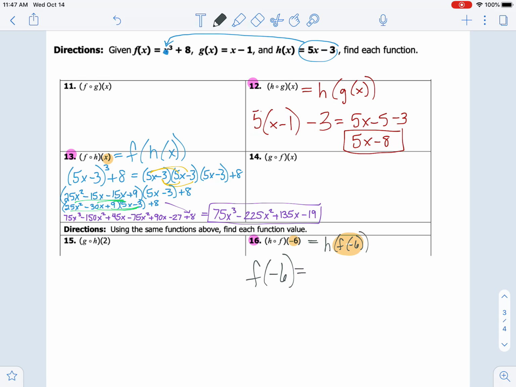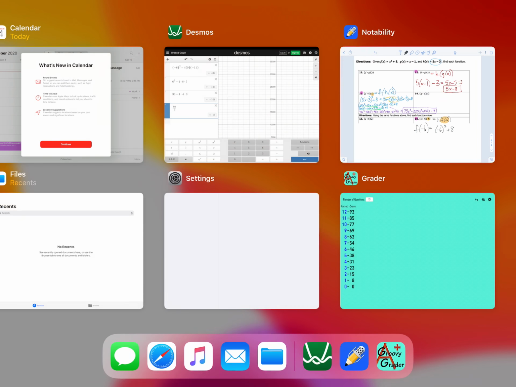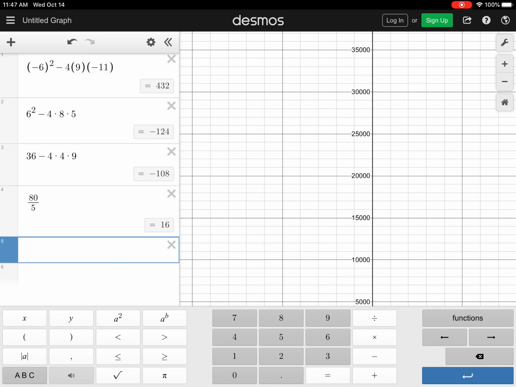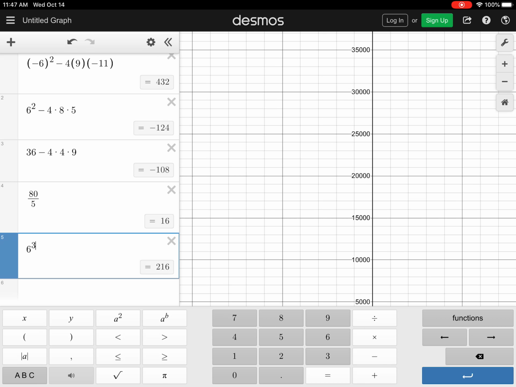Okay, so what is the f function first? We're going to do f of -6 first, and we're going to get, let's erase my writing from up there, -6 to the third plus 8. Okay, -6 to the third. Ooh, Miss Underwood does not know that. It does matter that it's negative, but it's 216.